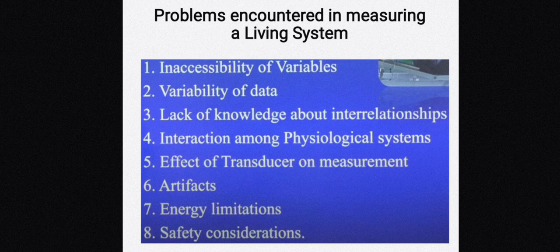To further complicate the situation, if we want to measure the inputs and outputs of this black box, we learn that the input-output relationship of this living human being black box is not deterministic.